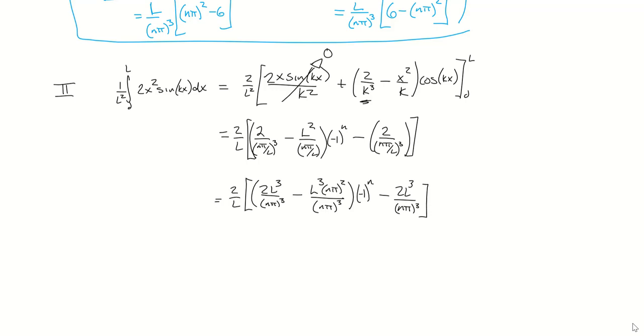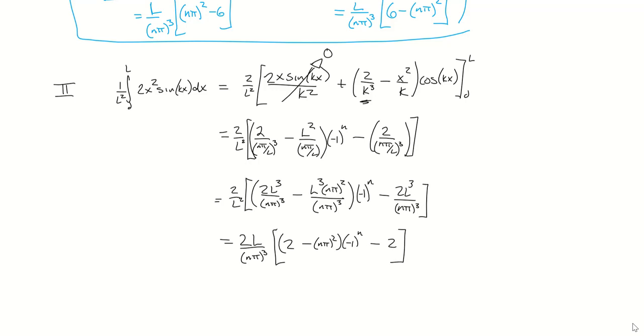All right, factoring out this n pi cubed and the L cubed, this is squared, my bad. We can simplify this a lot. We end up with 2L over n pi cubed multiplied by the term 2 minus n pi squared, times (-1)^n minus 2.